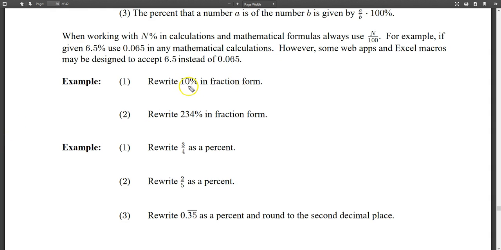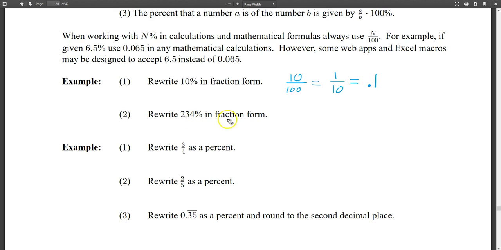So let's rewrite 10% in its fraction form. Well, that would simply be 10 divided by 100, or 1/10, or 0.1. So that's the number that you would input into any mathematical formula if you had to input 10% into it.